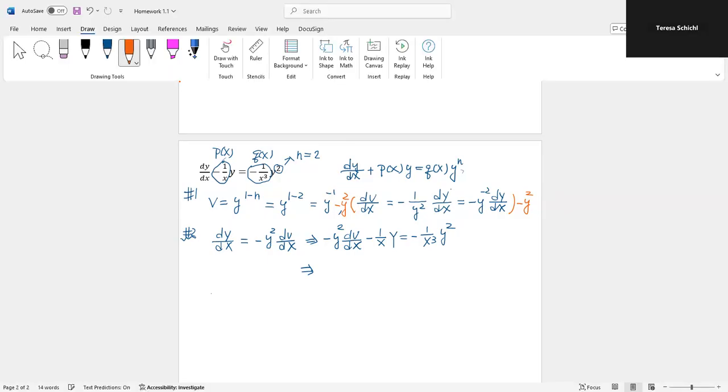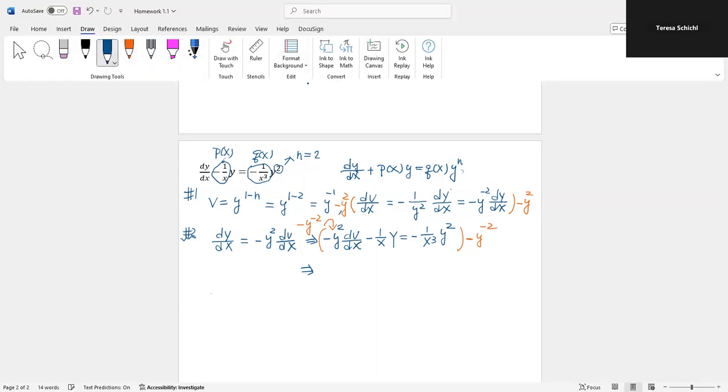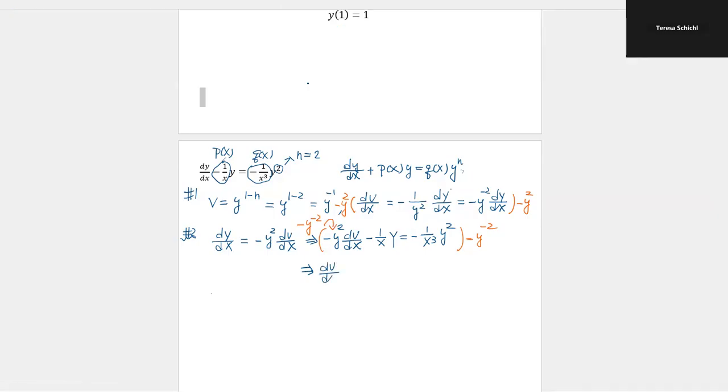So now I need to multiply by negative y to the negative 2 on both sides here. If you take a look at the first item, negative times negative is positive, so the y disappears and you will have dv dx.